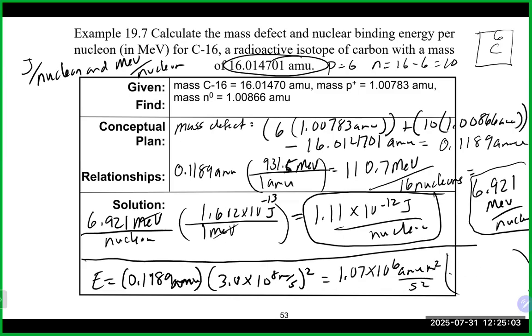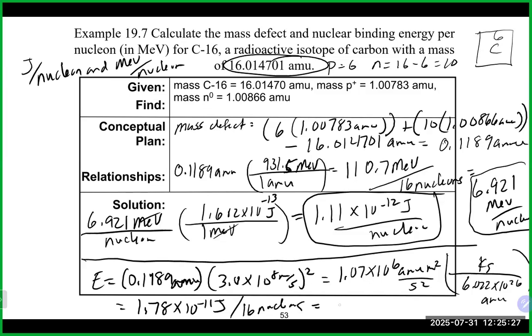Once again, Avogadro's number to the 26 here to divide by, to bring that into kilograms and joules ultimately. Gets you 1.78 times 10 to the minus 11 joules divided by your 16 nucleons.